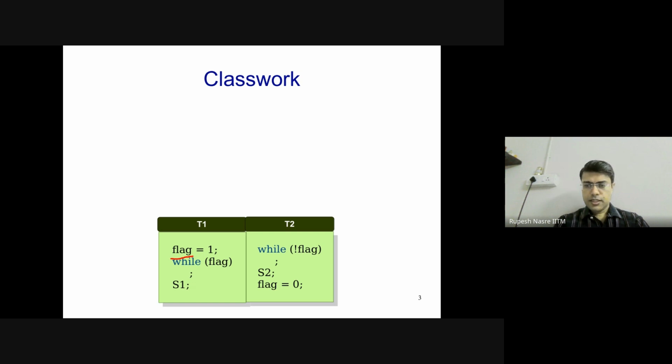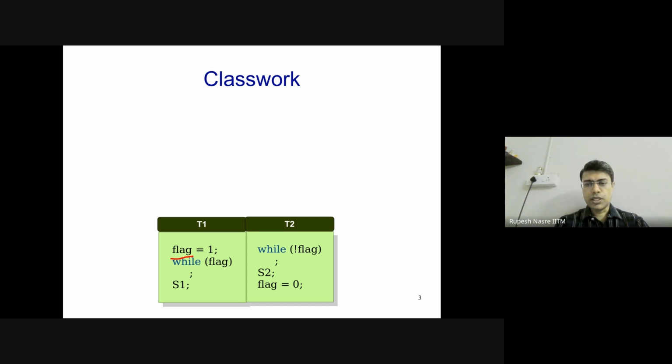Okay. Let me take Soumik's suggestion. T1 before writing can context switch, and T2 can go inside, and then T1 context switches back. So T1 before writing, meaning before writing to the flag, I suppose. Context switch and T2 can go inside. If T2 has gone inside, that does mean that the flag is true, right?